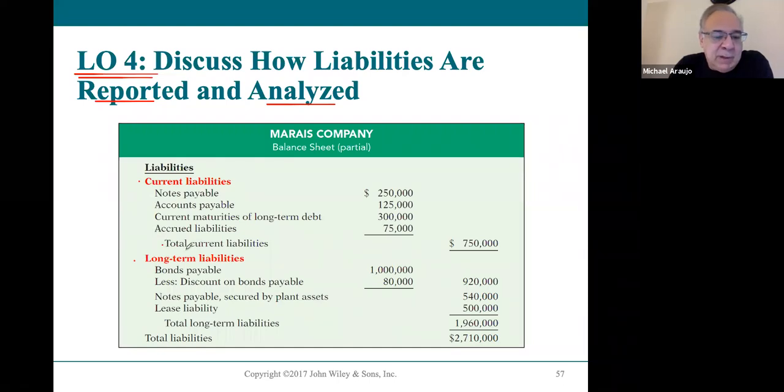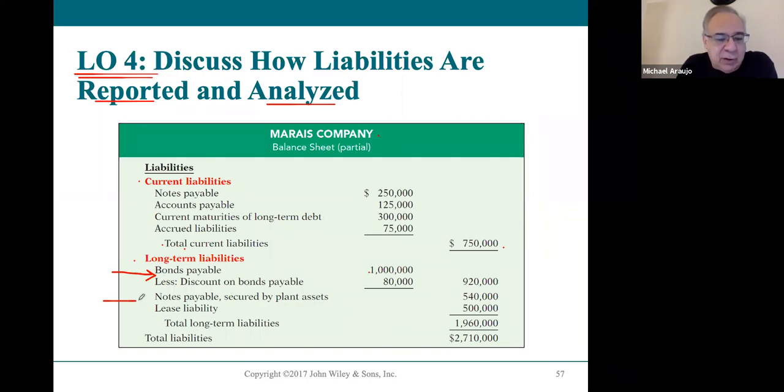Remember, current liabilities are totaled. Okay. And then when it comes to long-term liabilities, here you'll have, if it says bonds payable, this is basically a loan from investors. And in this case, it's a pretty large loan, usually this company is probably not that big. So that $1 million loan from investors is pretty good.